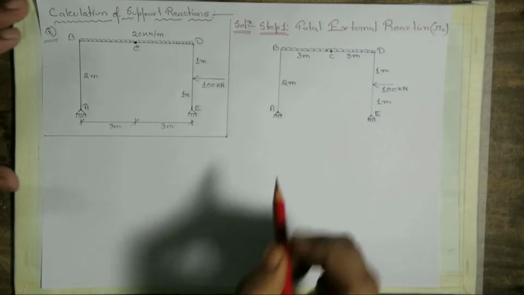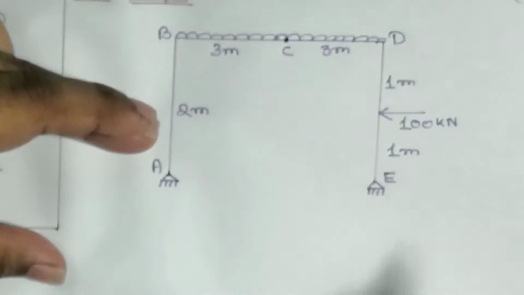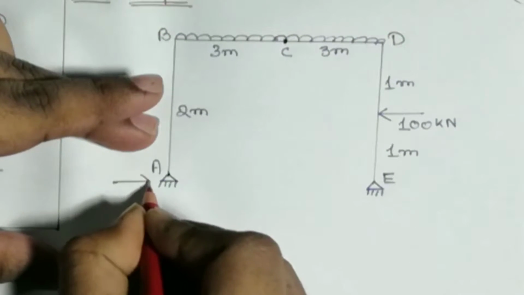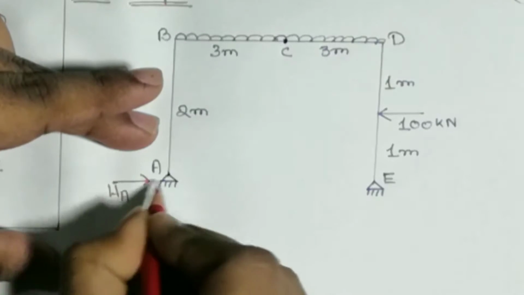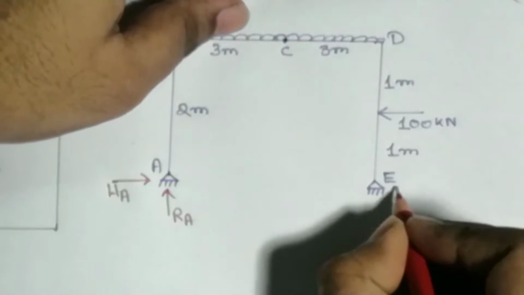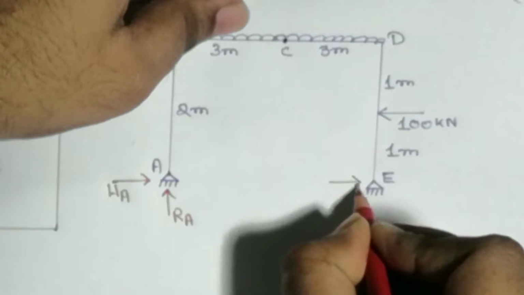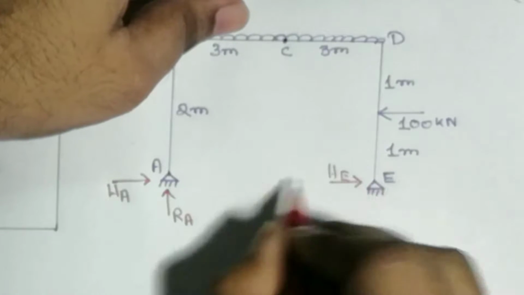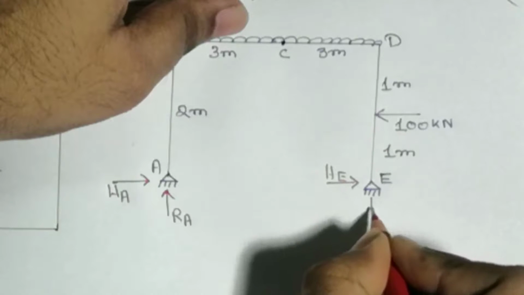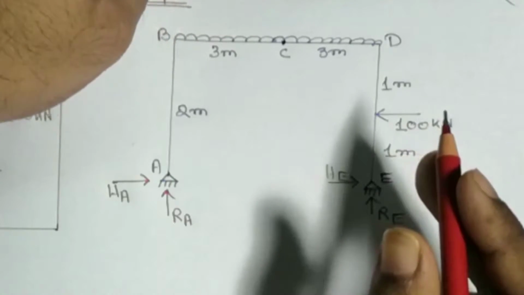Now for the solution, we are going to assume the direction of the reaction support. In this case, we assume that a horizontal reaction HA is acting in the positive x-axis, and a vertical reaction RA is acting along the positive y-axis. Similarly for point E, since it is also a hinge support, I am going to assume that a horizontal reaction HE is acting in the positive x-axis, and a vertical reaction RE is acting along the positive y-axis.